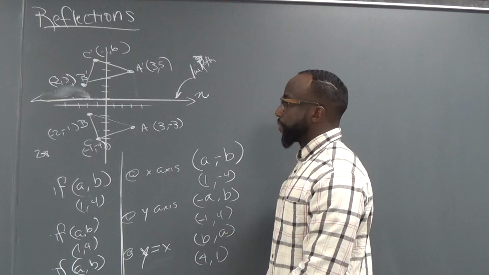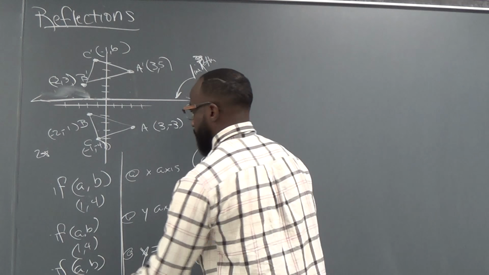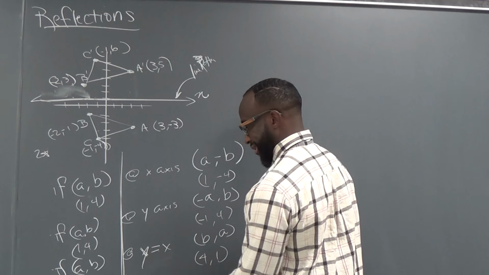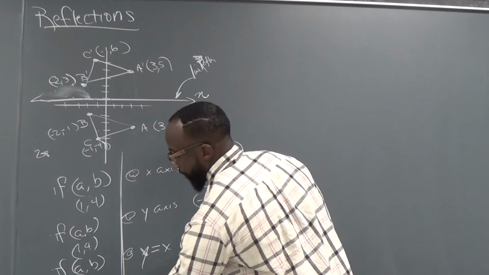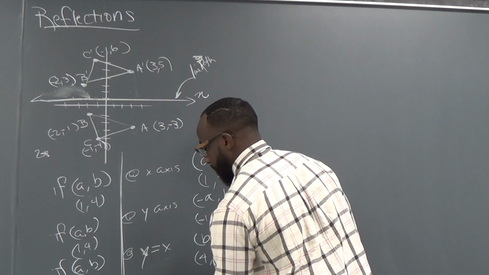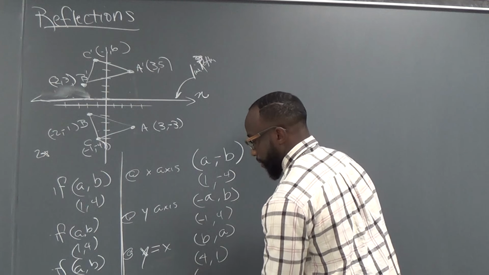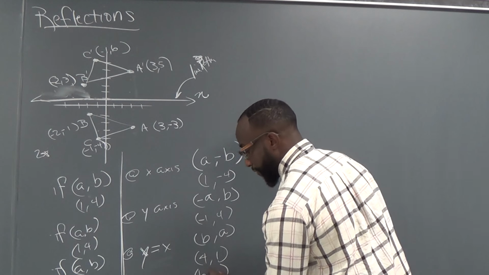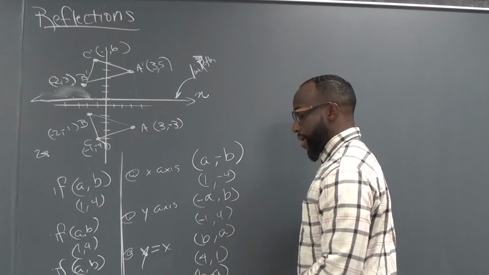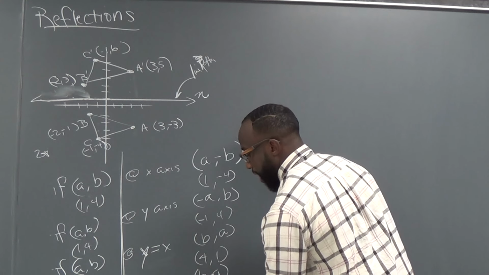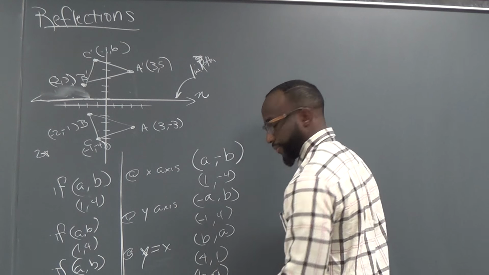And then the last one would be if any point AB is reflected along y equals -x, right? What would happen is it flips again, but both A and B are negative. Therefore, the new point would be -4, -1.